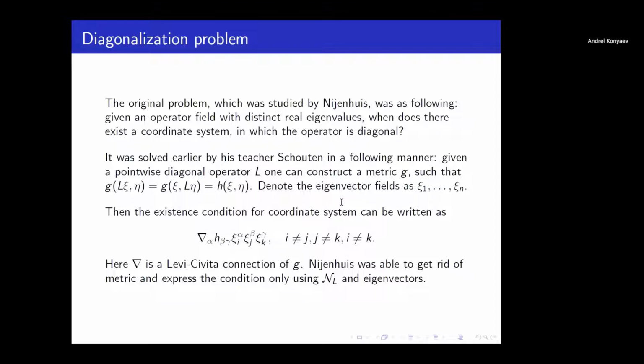So Schouten actually solved this problem because he didn't try to find any tensorial condition. He was trying to find a condition you can easily check. By easily, we mean you do not need to solve a differential system, any differential equation.